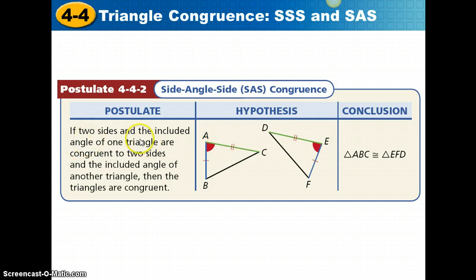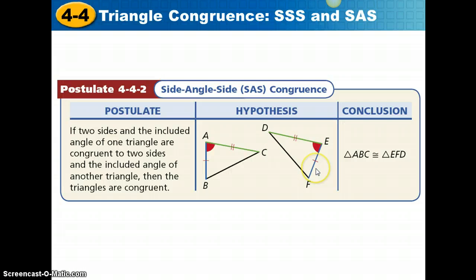So if I have two sides and the included angle of one triangle, side AB and side AC, and angle A, the included angle, side, angle, side. If those are congruent to two sides and the included angle of another triangle, side, angle, side, then the triangles are congruent. So we can take another shortcut.